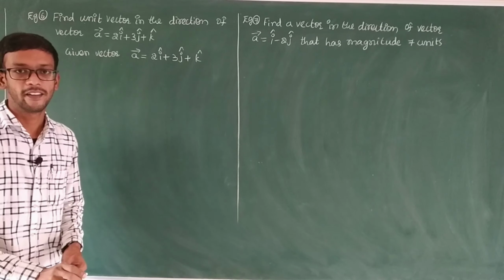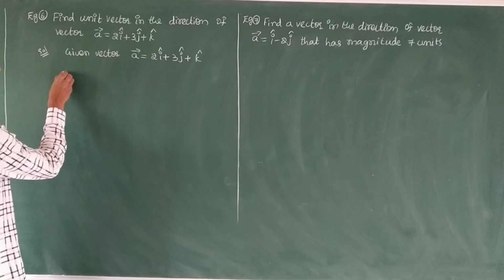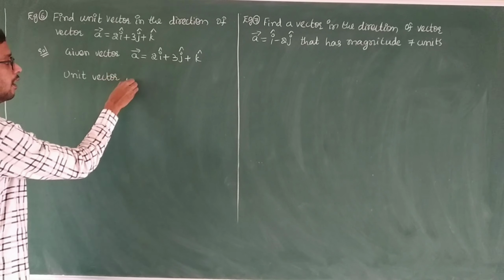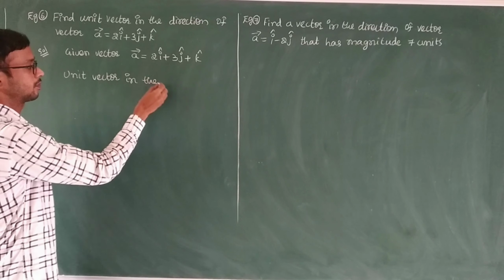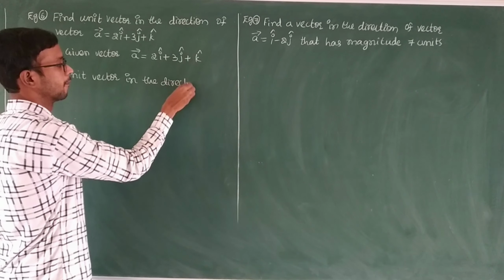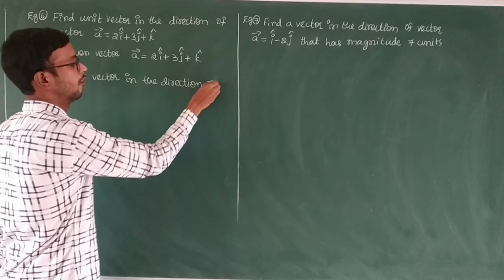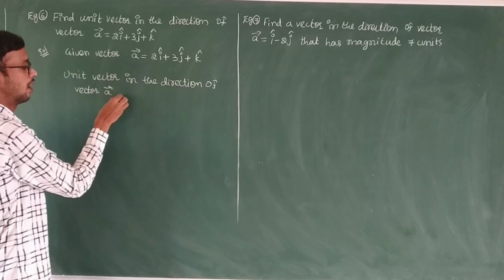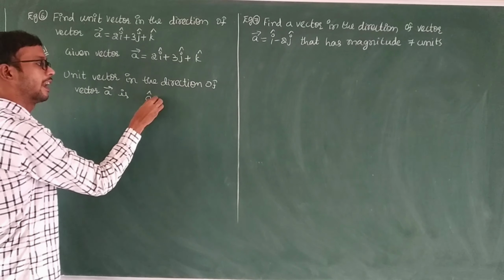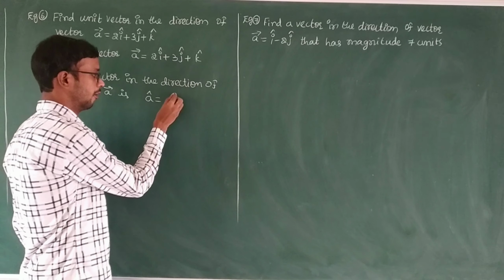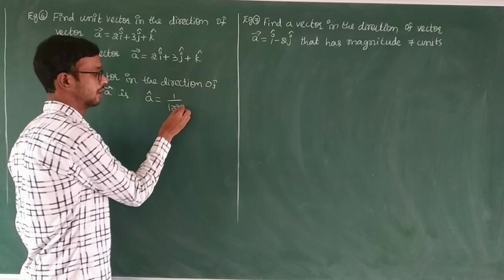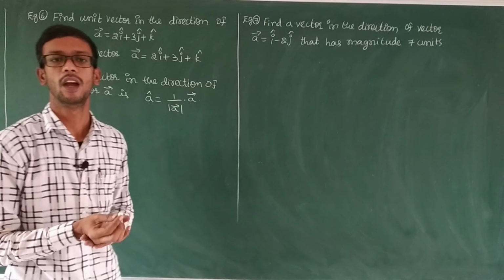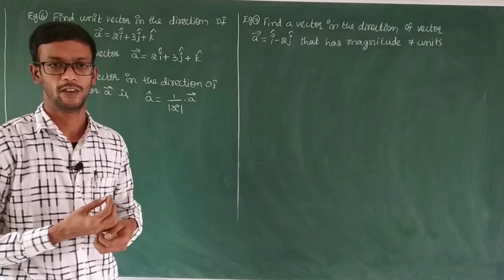Now you have to find the unit vector. I'll write here the formula. Unit vector in the direction of vector a bar is a cap = 1 by magnitude of a bar into a bar. Otherwise, a bar by magnitude of a bar, we can also write.